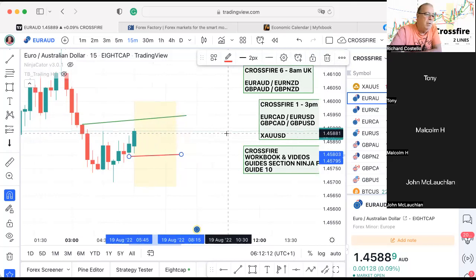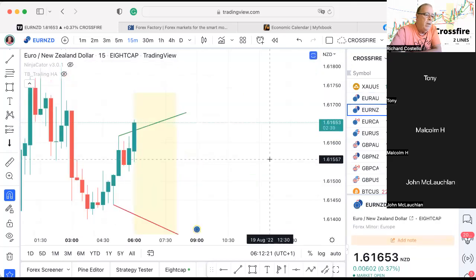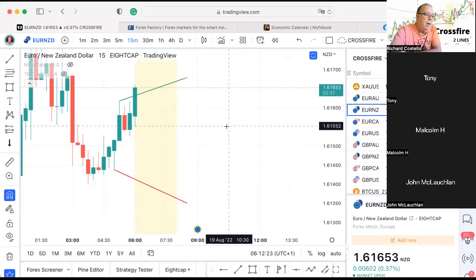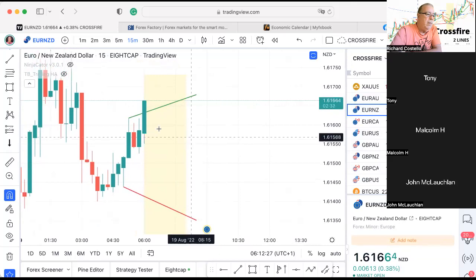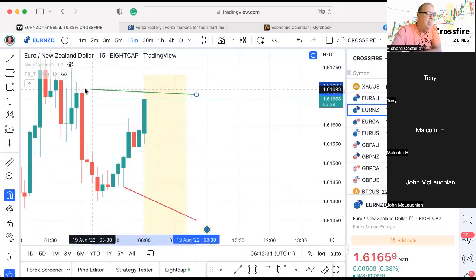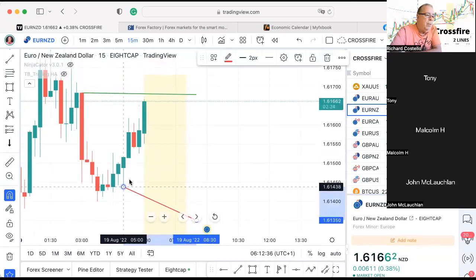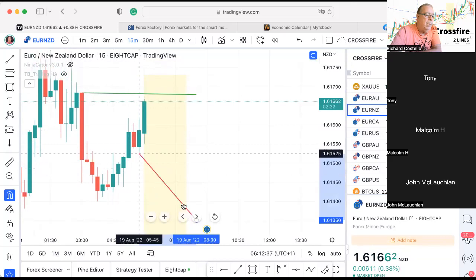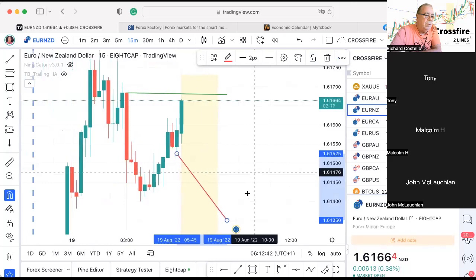So we've got 3 minutes left to go. I've already done this little setup on the other three pairs that we're interested in. So there's the Euro NZD. We've already moved out of the area that I was looking at. So we need to just put that over there, and we'll put that down there. As I say, these are very roughly positioned.